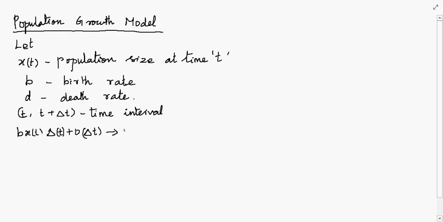So this will be the number of births. The number of deaths will be d into x of t into delta t plus order of delta t. It is the number of deaths.